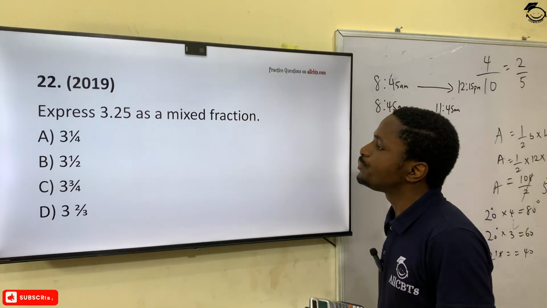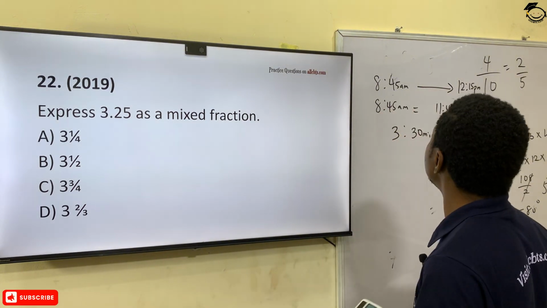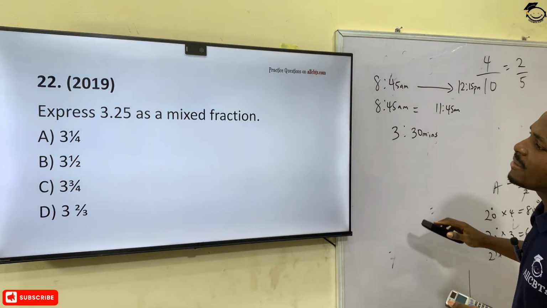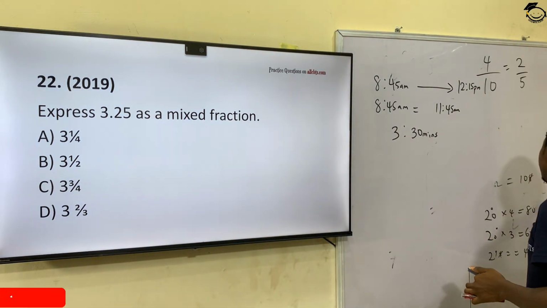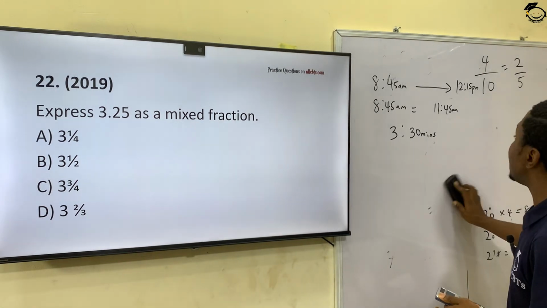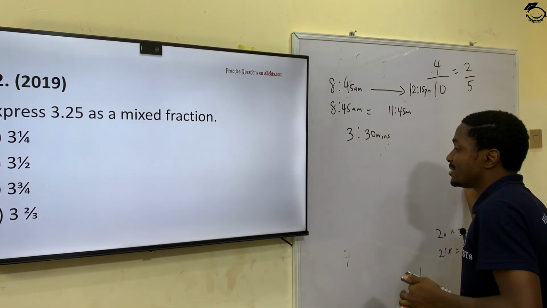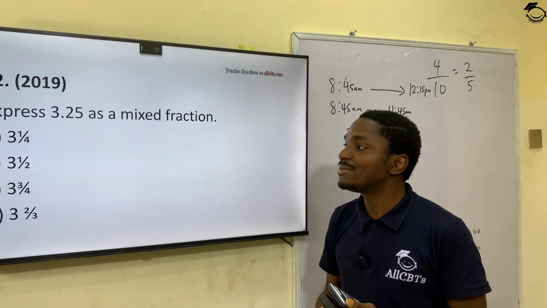Now let's continue. Question 22. Express 3.25 as a mixed fraction. What is a mixed fraction? A fraction that has a whole number and a fraction together. That's what a mixed fraction is.